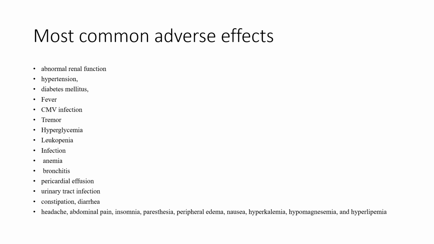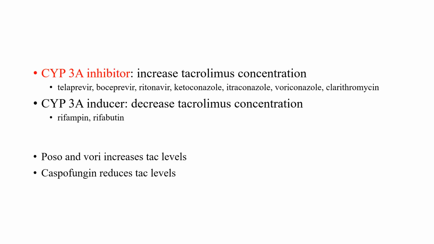Other common adverse effects are abnormal renal function, hypertension, diabetes, fever, cytomegalovirus infection, tremor, hyperglycemia, leukopenia, infection, anemia, bronchitis, pericardial effusion, urinary tract infections, constipation, diarrhea, headache, abdominal pain, insomnia, paresthesia, peripheral edema, nausea, hyperkalemia, hypomagnesemia, and hyperlipidemia. So the patient can come with nausea, peripheral edema and tremor, which are the common presentations we see. It can also cause bronchitis, pericardial effusion, UTI, and bowel symptoms like constipation and diarrhea.